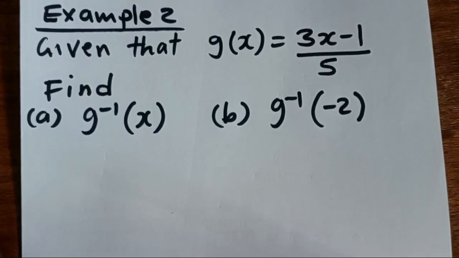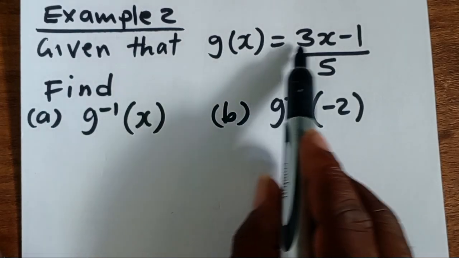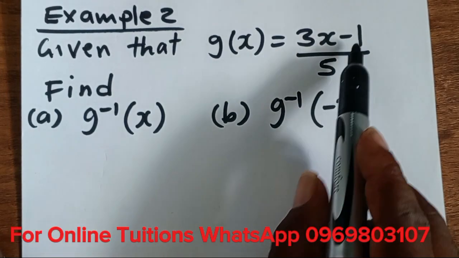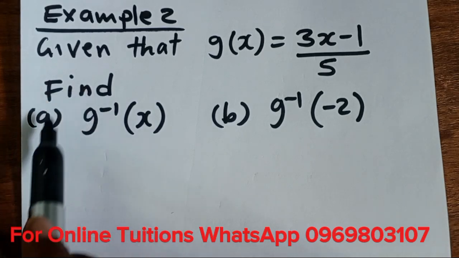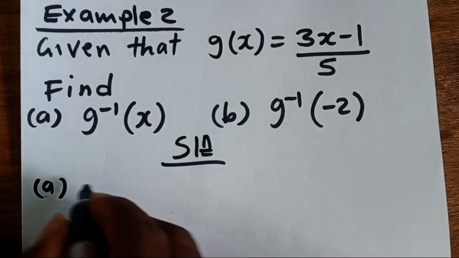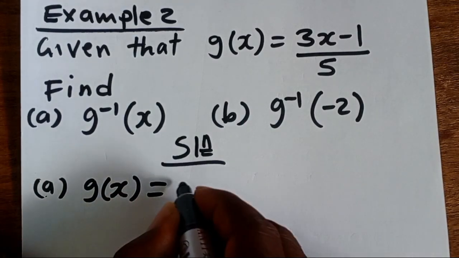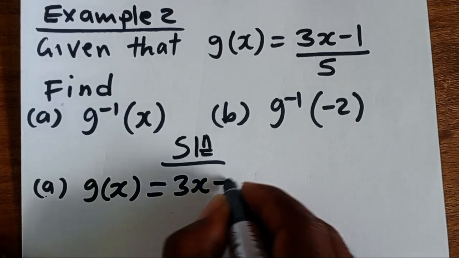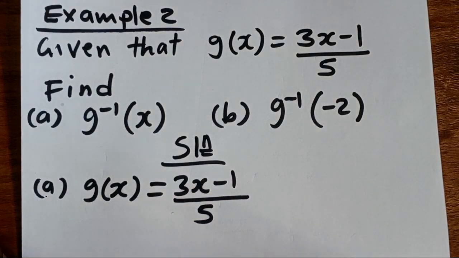Example 2. Given that g of x is equal to 3x minus 1 divided by 5. Find g inverse of x. So g of x is equal to 3x minus 1 over 5.